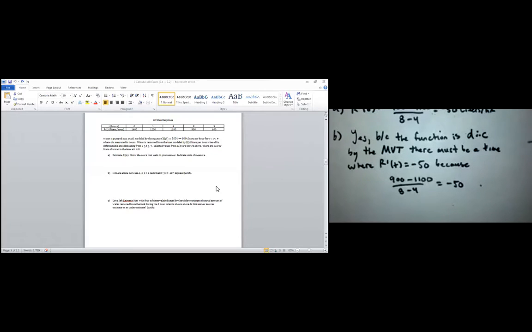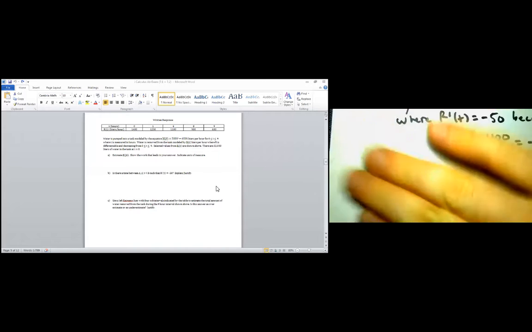Use a left Riemann sum with 4 subintervals indicated by the table above to estimate the total amount of water removed from the tank during the 9 hours shown above. Is it an over or under estimate? We should be able to do that, no problem. So we know how to do Riemann sums. And it says for the data above to show how much water was removed.